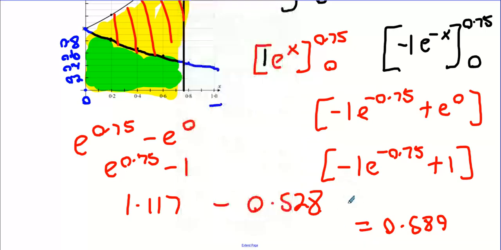I should have had 0.76 for that, shouldn't I? Just fix it up for me there, Connell. And we're done now, guys. So what do we get? Oh, you're going to ask me to send you nature of roots, isn't it? So what's this? 0.5894, and that's it in 4 decimal places.